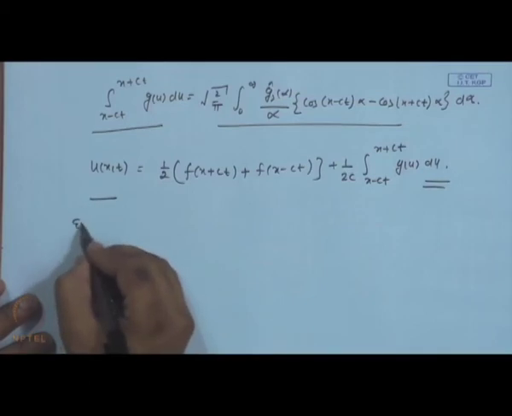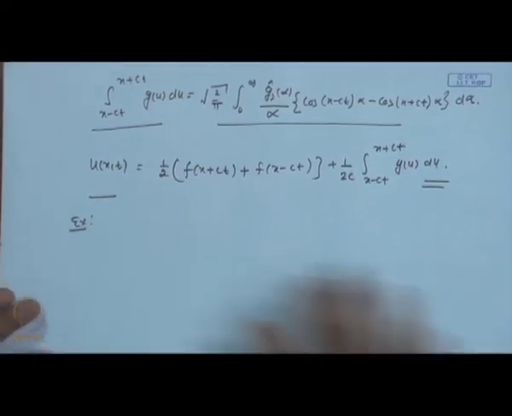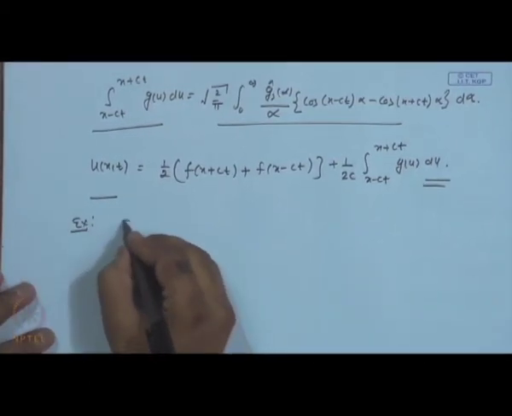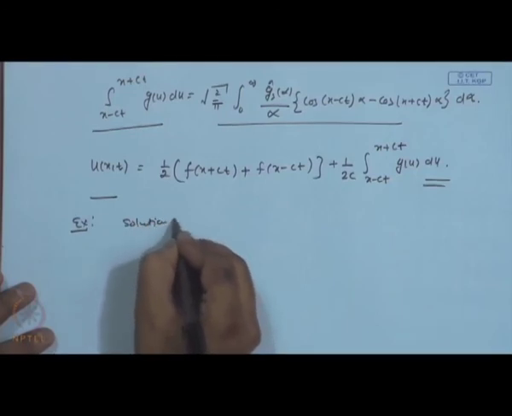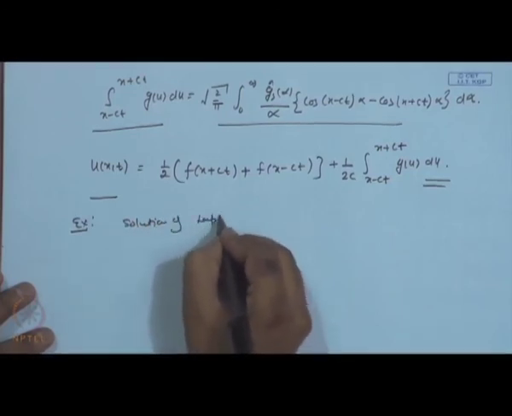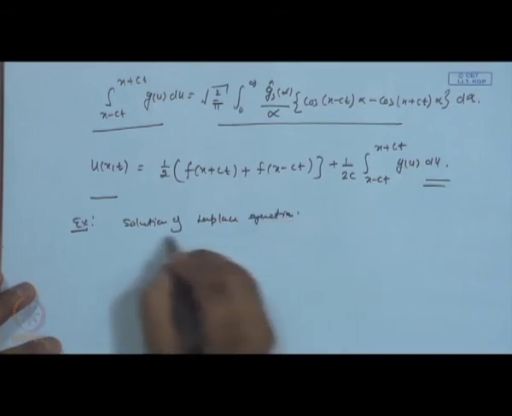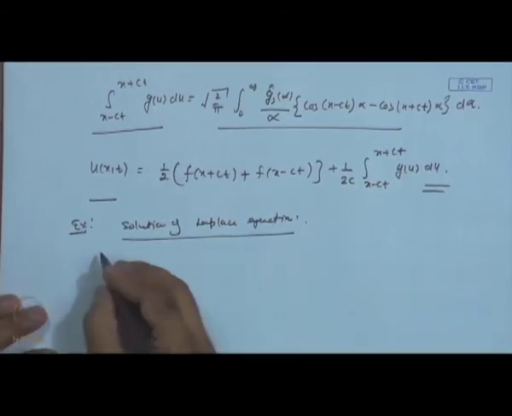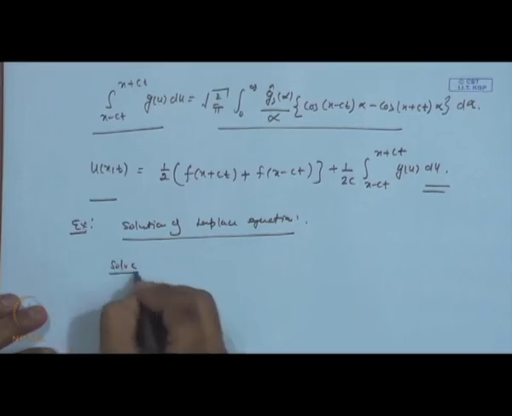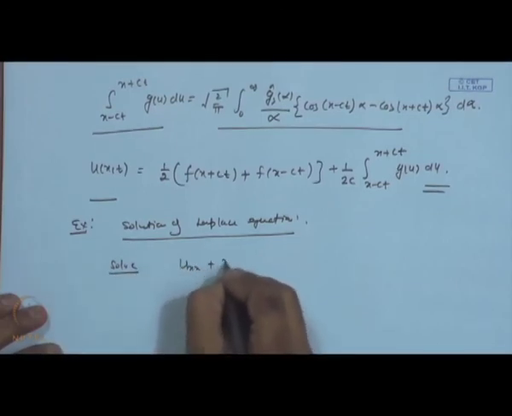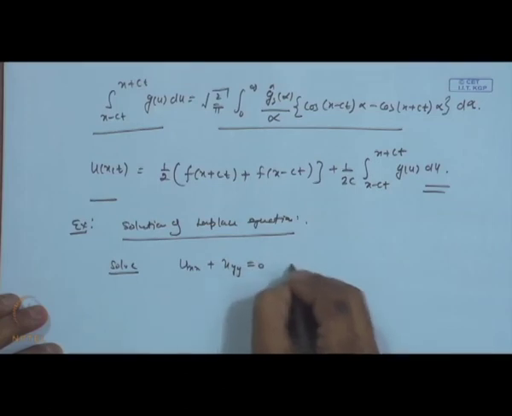Now, we go for the last example of this lecture, and that is the solution of Laplace equation. So, in this case we solve u_xx plus u_yy is equal to 0.